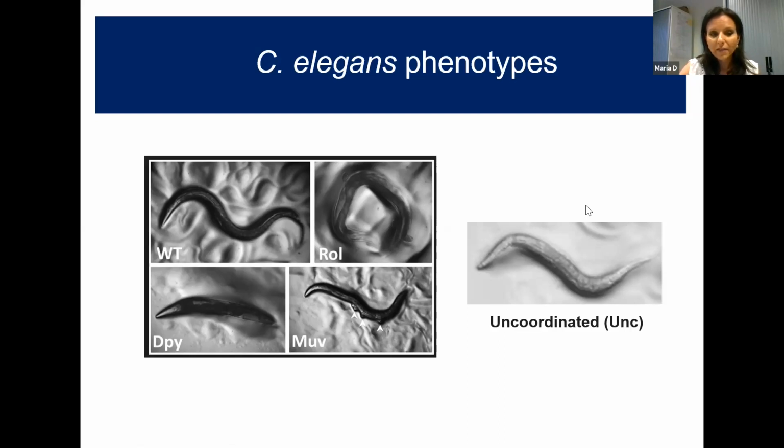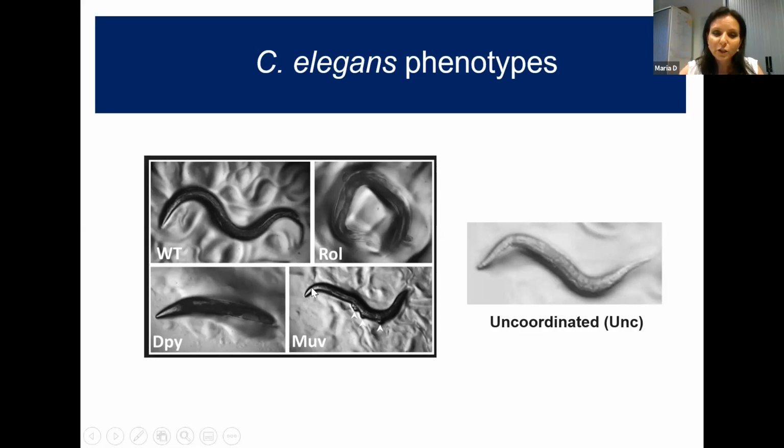On the left-hand side, at the bottom, you can see another type of phenotype, which we call the dumpy worm. These worms are much smaller in size and much fatter than a normal wild type animal. Again, this is another characteristic phenotype. And this is what we call the multivulva phenotype. You might remember that at the beginning I showed you a video of a C. elegans, and I slowed it down and showed you the area where the eggs are released into the extracellular environment.